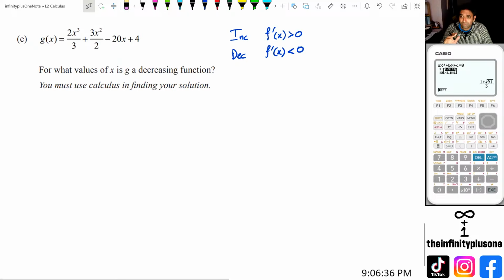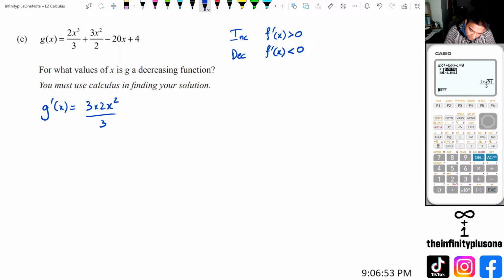So remember, folks, the first thing you want to do is find g dash of x. So g dash of x equals 3 times 2x squared over 3 plus 3 times 2x over 2 minus 20. So we've got g dash of x is 2x squared plus 3x minus 20.